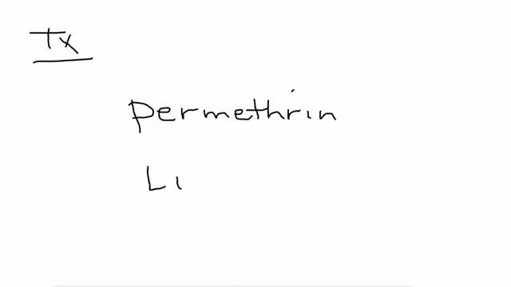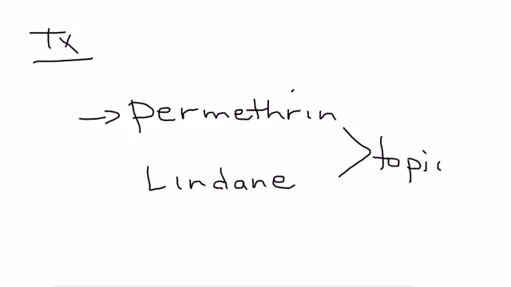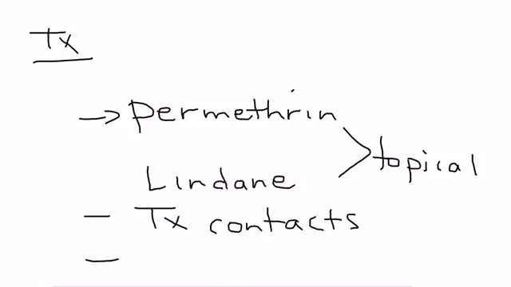The treatment of scabies involves very popular topical lotions. One is permethrin and the other one is lindane. Now, permethrin is used a little bit more commonly. These are topical treatments, creams, lotions. Two very important things are also involved in the treatment. You must treat the contacts, all the people who were in close proximity to the patient who's been affected.